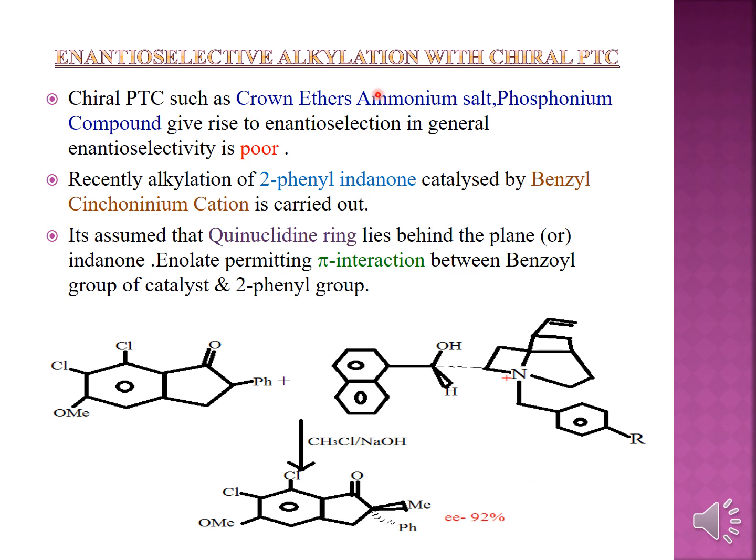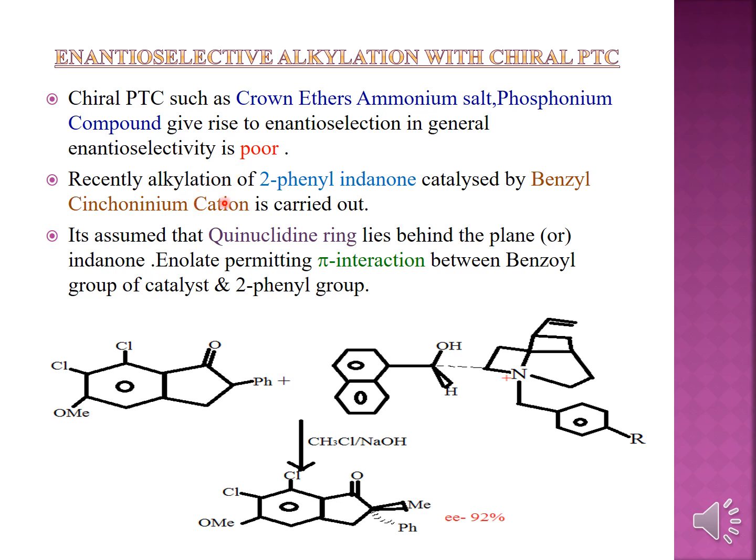Moving on to enantioselective alkylation with chiral PTC. PTC is phase transfer catalysis. Here the chiral PTC will be like crown ethers you have studied, in which you take ammonium salts and phosphonium compounds, and that gives enantioselective reactions, which is very poor.